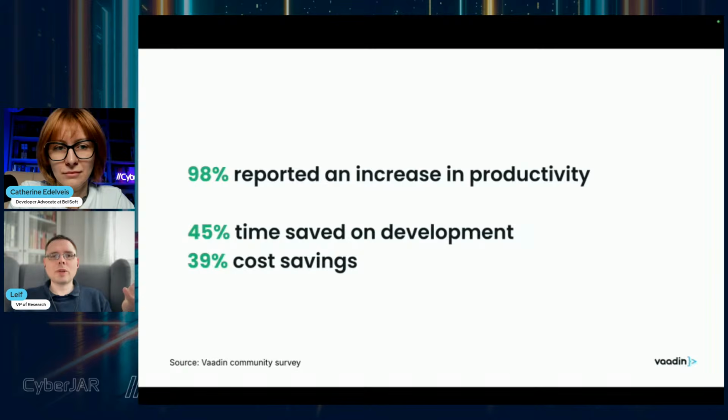A while ago, we did a community survey, and out of the people using Vaadin, 98%, so basically everyone, said that they are more productive using Vaadin with a full stack approach than they were with whatever was their option before. And out of those, they also report that on average compared to the previous approaches they used, they save like 45% time.